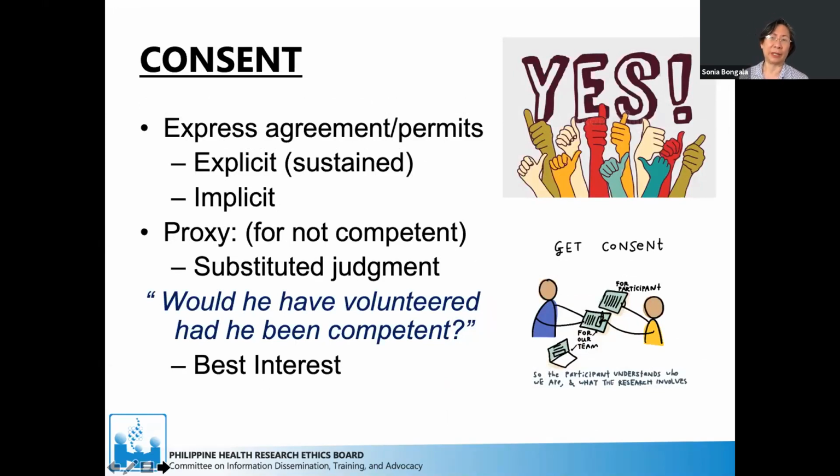For those people who are not competent, there are 2 ways we can get a valid consent. One is a substituted judgment. Like, for example, if somebody has a disease where you cannot make a decision, then the one who will make the decision, for example, the legally acceptable or authorized representative, will try to think that if he was competent, will he volunteer?